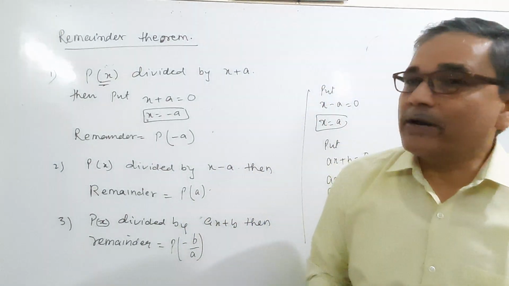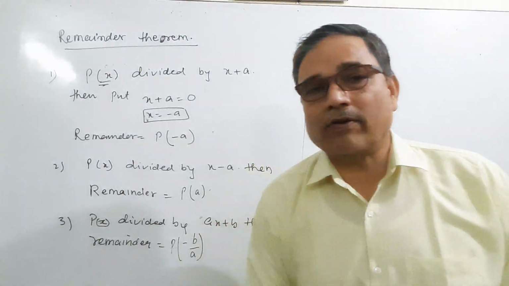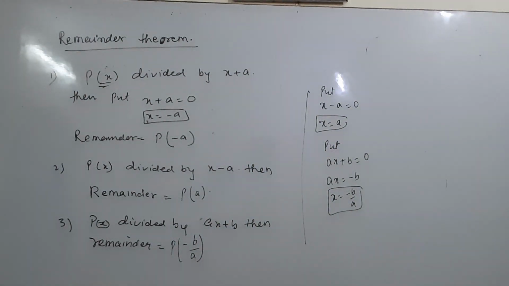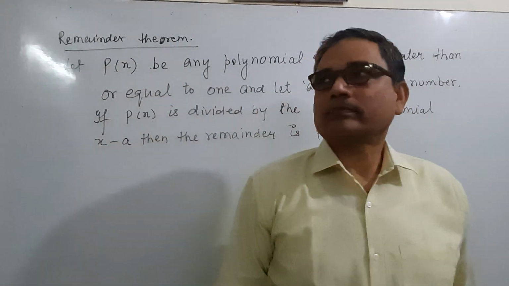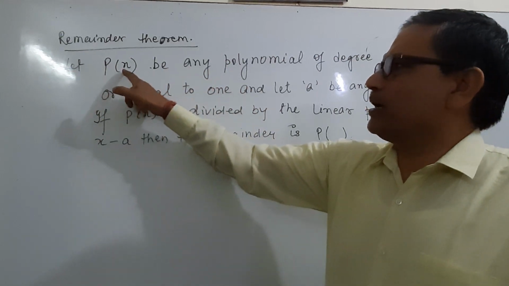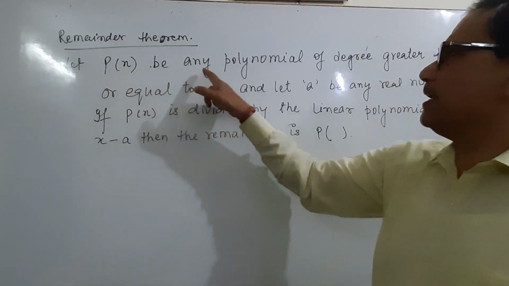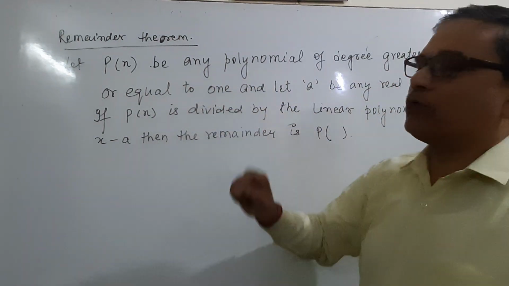And now, what is the remainder theorem? That will be the same remainder theorem, and what is the statement? Check it carefully. Let p(x) be a polynomial with variable x, any polynomial of degree greater than or equal to 1.